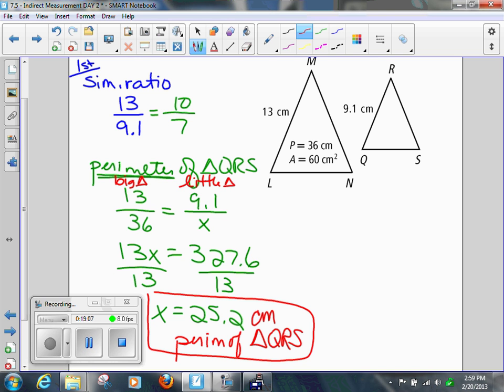Now we got to find the area. And this is where it can get a little bit tricky. Okay? I need for y'all to pay attention. Look back at that theorem.